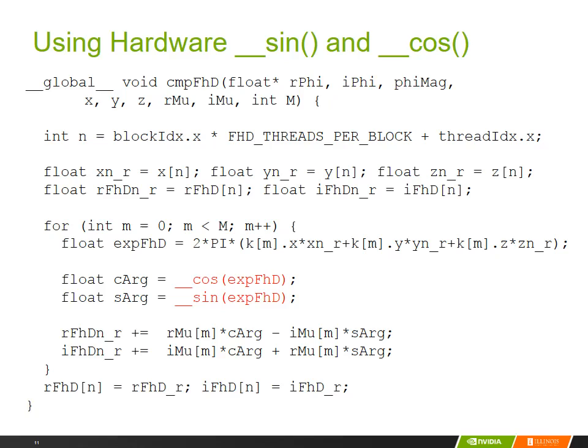However, it also can reduce the accuracy because the sine and cosine functions are implemented with limited accuracy, as we described in the floating point lecture. So we need to make sure that the hardware function units do not negatively affect the accuracy of the final result.